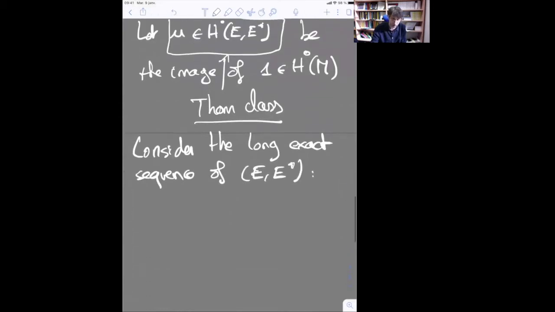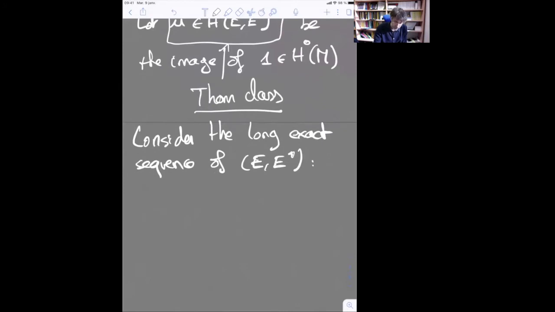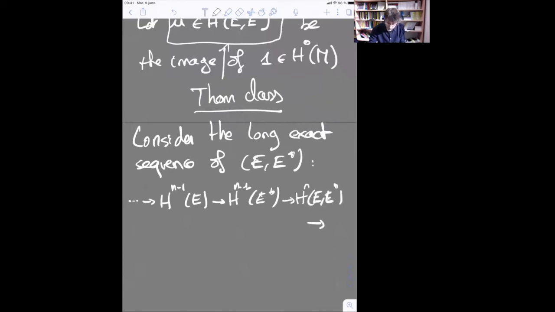So let me write it. So here, and you have the connecting map. And I stop here.